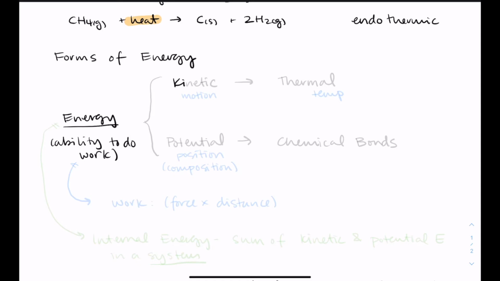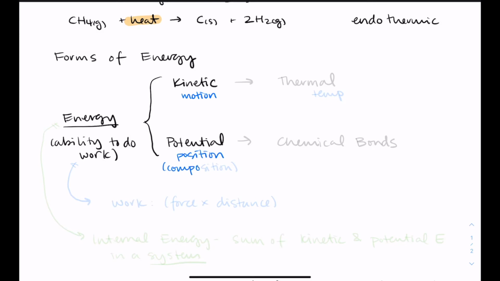And then potential energy is related to position, and I'm going to add the word composition. So the potential energy in the composition of a molecule is something that we will deal with.